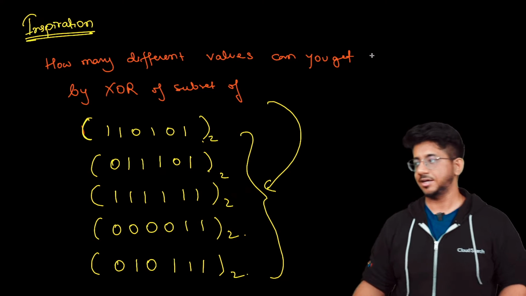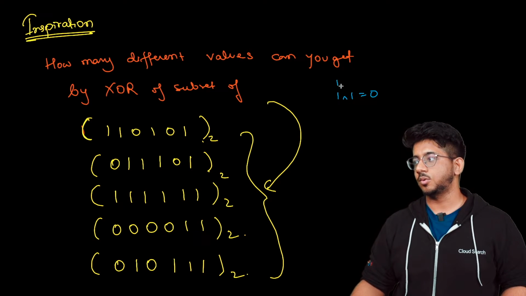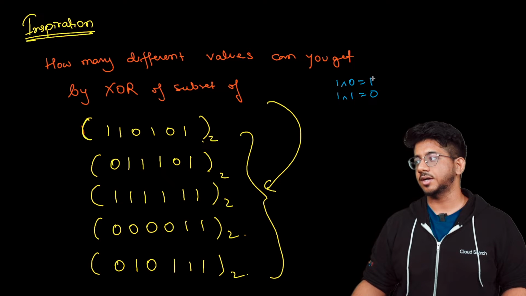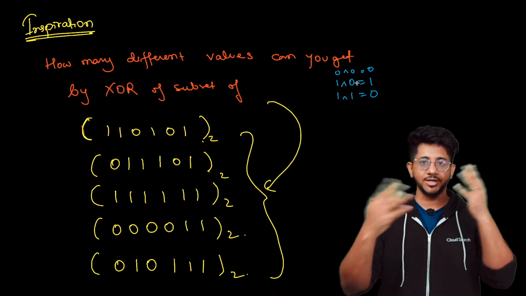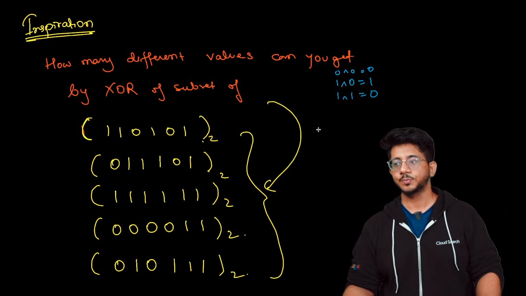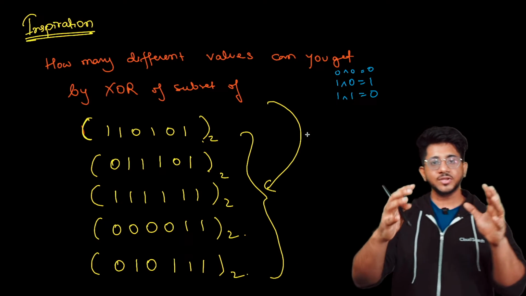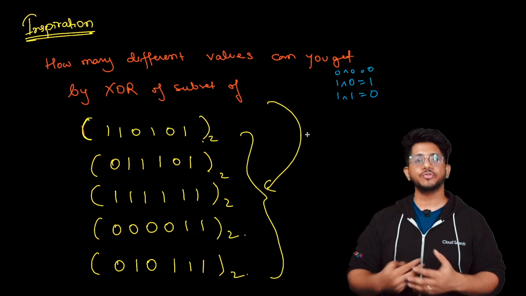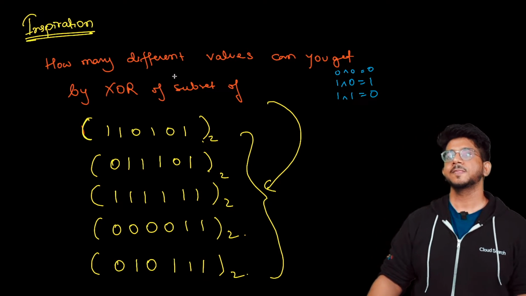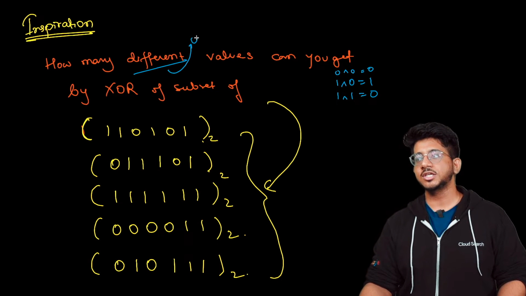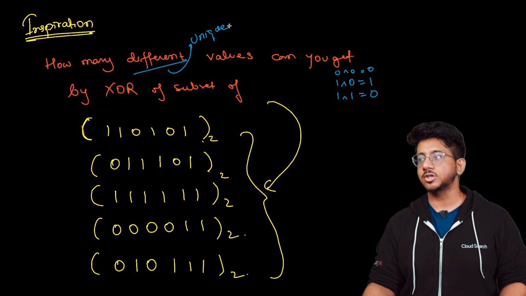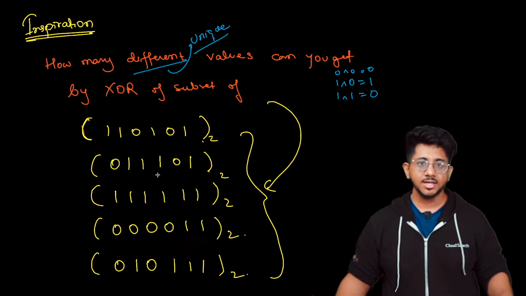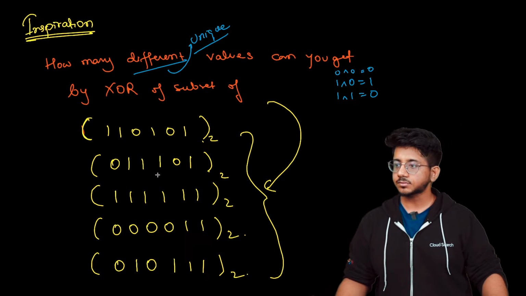I am expecting that you know that 1 XOR 1 is 0, 1 XOR 0 is 1, and 0 XOR 0 is 0, and that it's commutative and everything, right? Those properties hold true. So what we need to find is how many different, mostly unique, values of XOR you can actually obtain using the given numbers, right? That is the main problem.